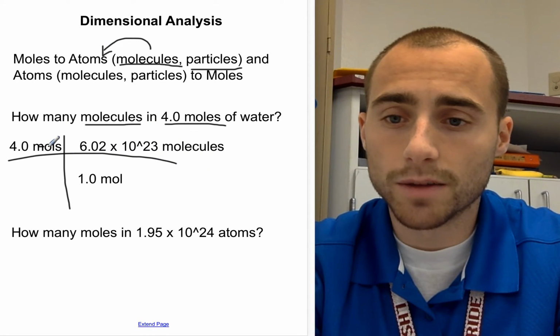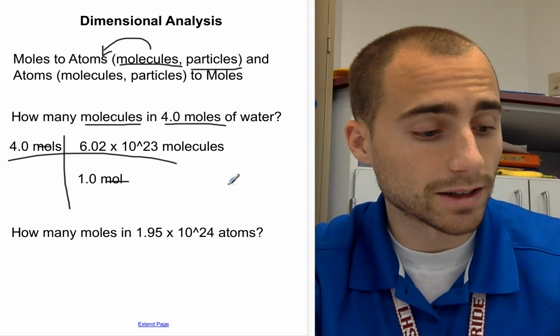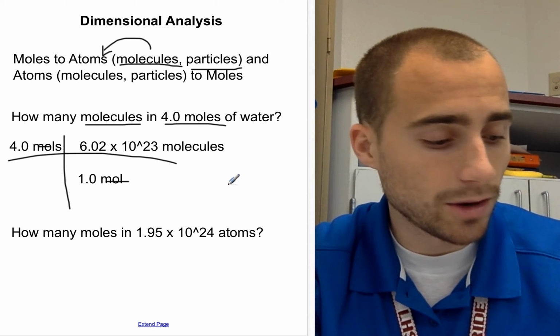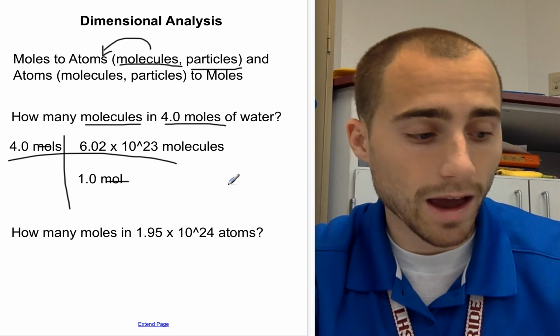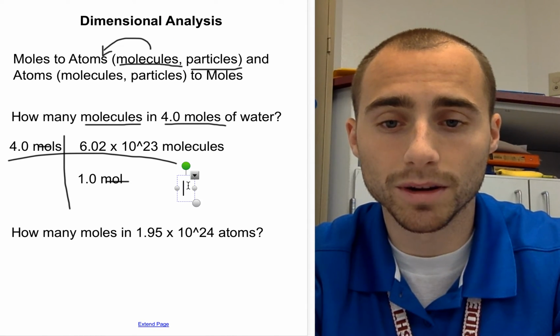So we cross off moles, and then all we have to do is multiply straight across. Now when you multiply, you got 4.0 multiplied by, and you need to put 6.02 times 10 to the 23rd in parentheses. Every single time, put it in parentheses.